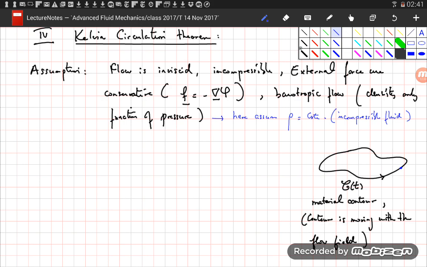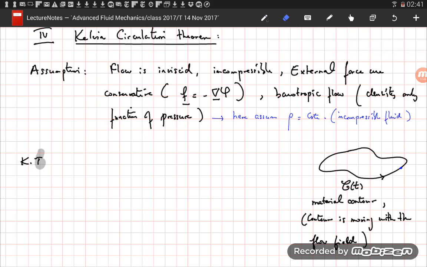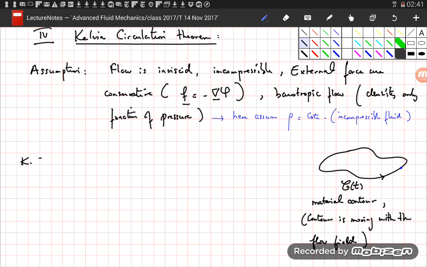Okay, so Kelvin's circulation theorem is the following.